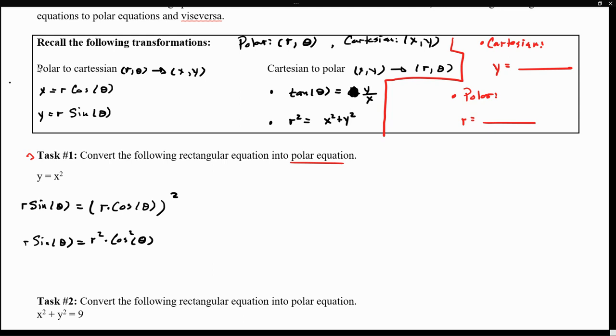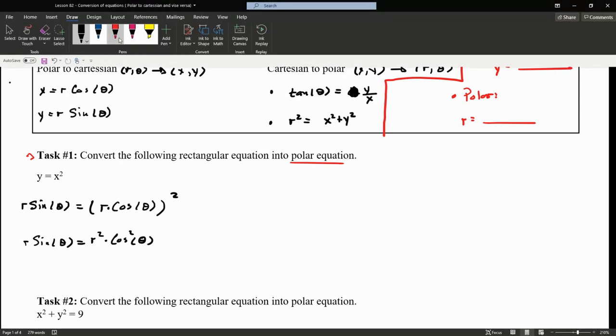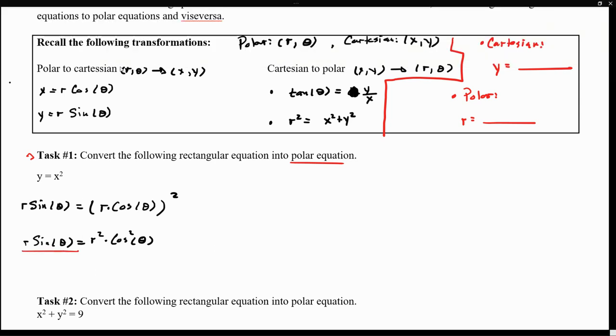Now I want to write it all in terms of r, so it will be a good idea to divide both sides by r. By doing that, this r cancels out, and this r cancels out the second exponent. What we have left is the expression sine of theta equals r cosine squared of theta.